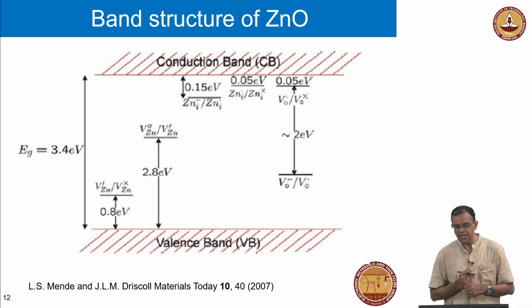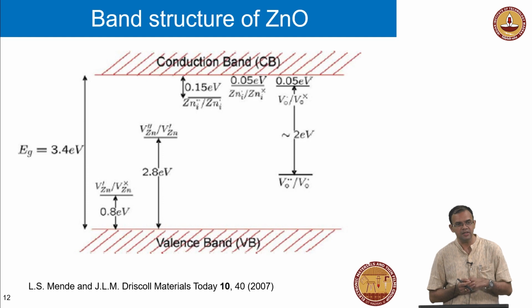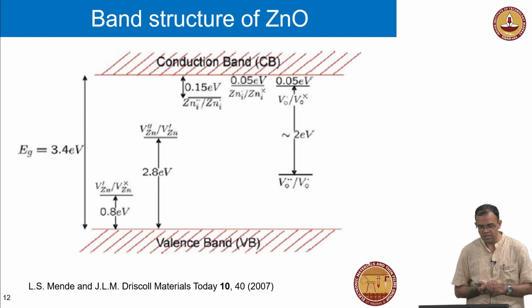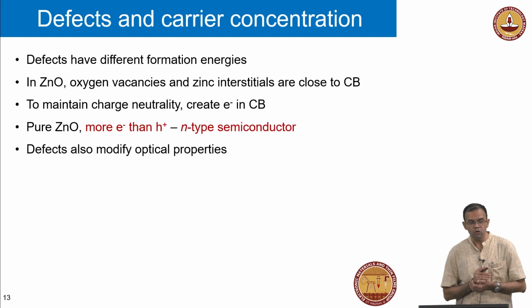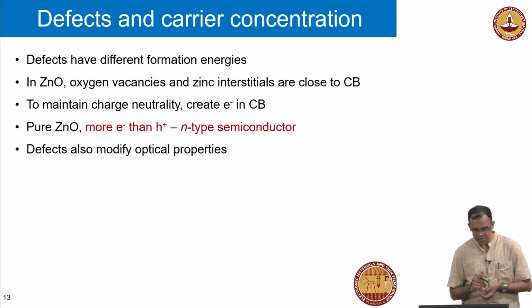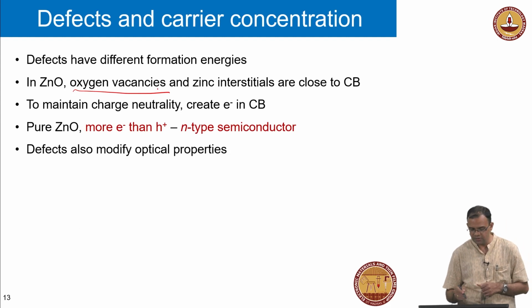People have looked at the band structure of zinc oxide in detail, and this is just one particular diagram which looks at the energetics of the various situations. It turns out that in zinc oxide, the most commonly observed defects are oxygen vacancies, where I am removing an oxygen atom, and zinc interstitials.